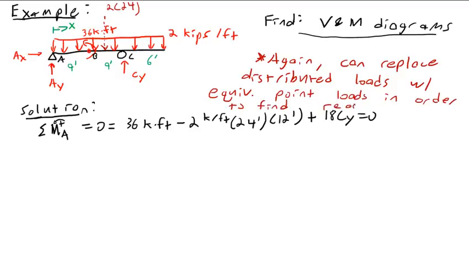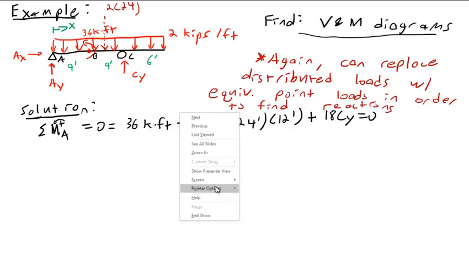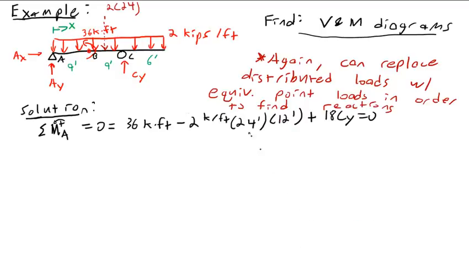So the little term is the equivalent point load term? Well, this part here, and then times the moment arm distance of 12 feet. And then all of this will lead to Cy equals 30 kips upwards.